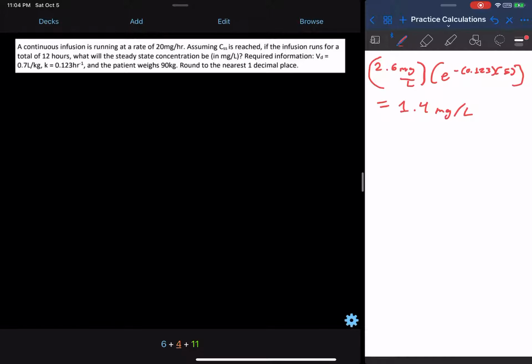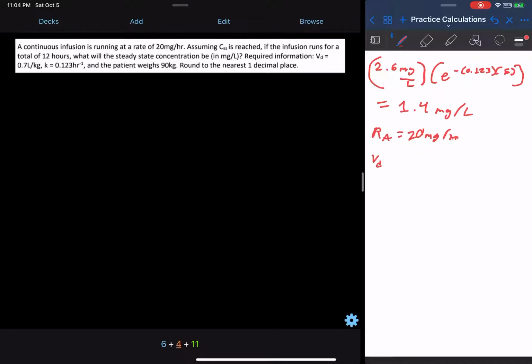Okay, we got a rate already. Okay, this is very similar to that last one. Okay. Can do this. Patient weighs 90 kilograms.